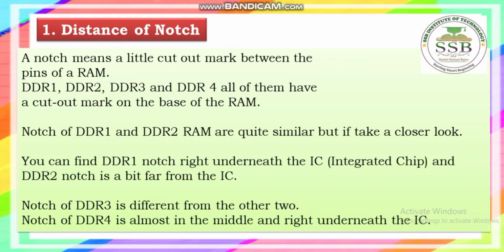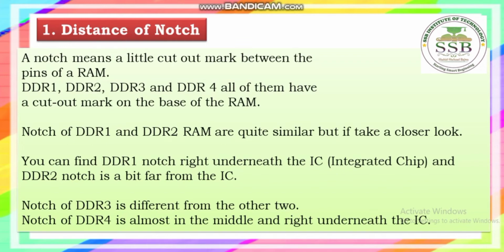So, distance of notch. One most important fact is the distance of the notch. We can identify which type of RAM it is. For example, all of them have a cut-out mark on the base of the RAM.